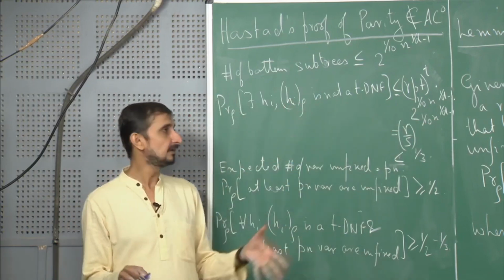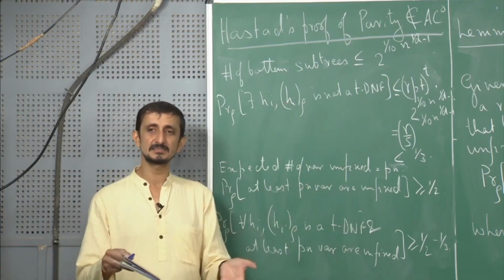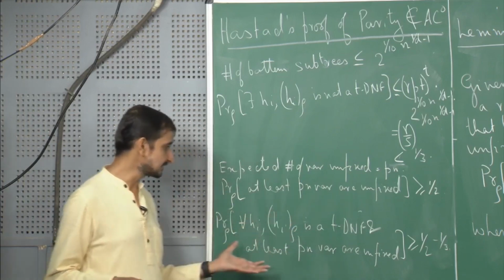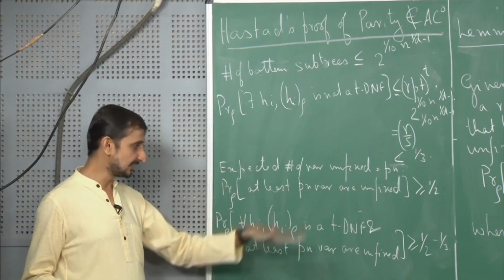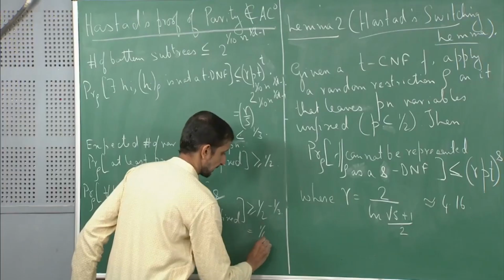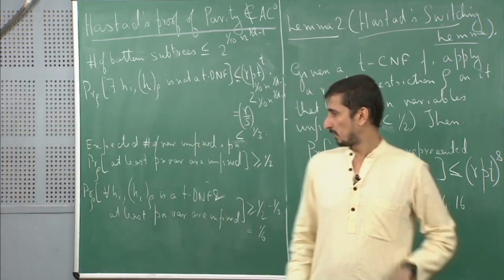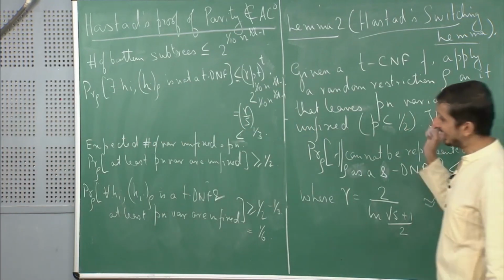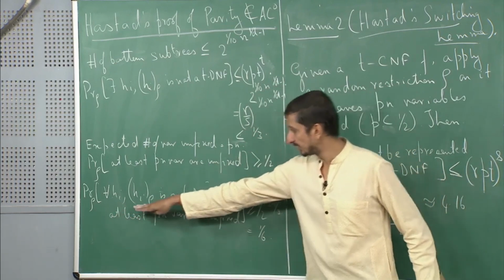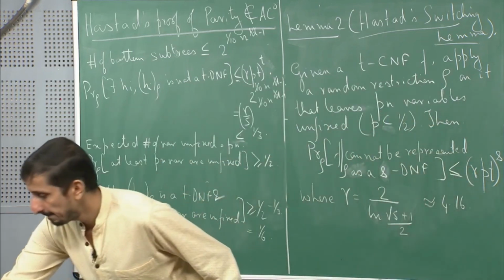So, I have a 2/3 fraction from here and a half fraction from here. Therefore, if I look at the common part of both, at least 1/6 of the fraction of restrictions will give me both properties. This quantity is greater than 0, which means that there exists some restriction, which we will call rho star, such that with respect to rho star both statements are true.